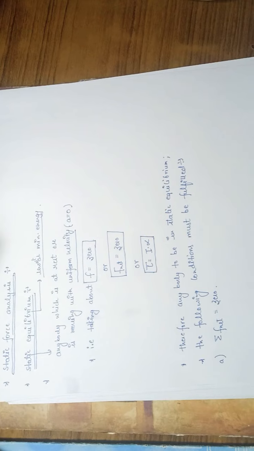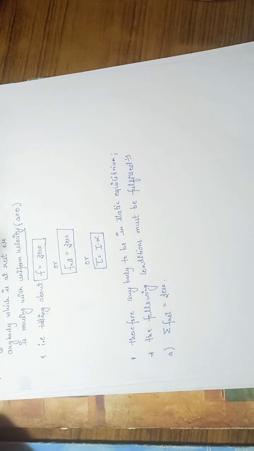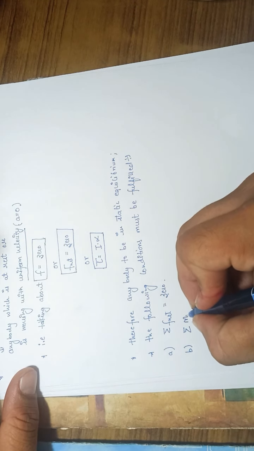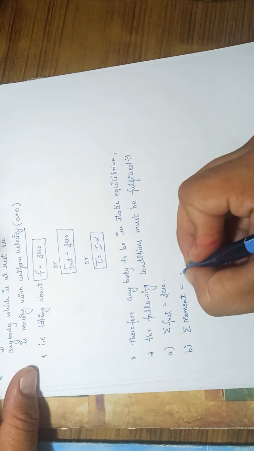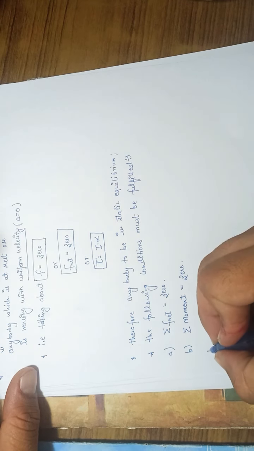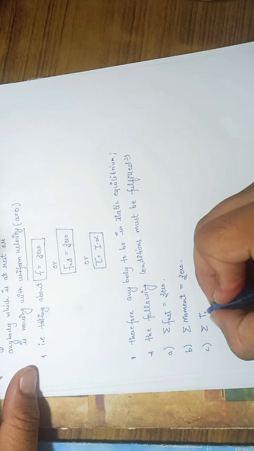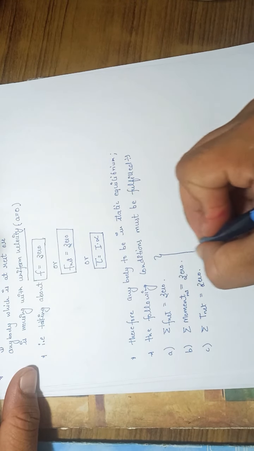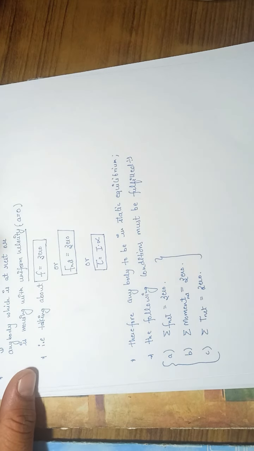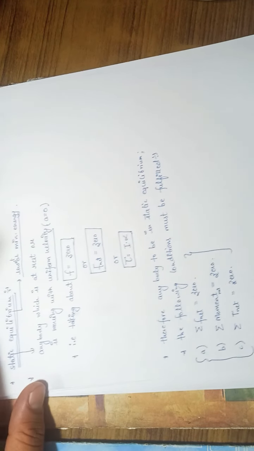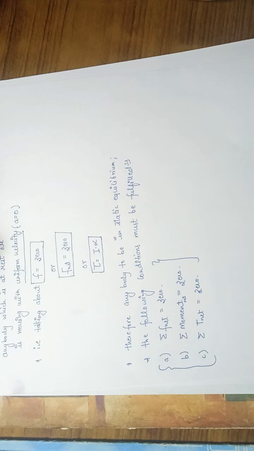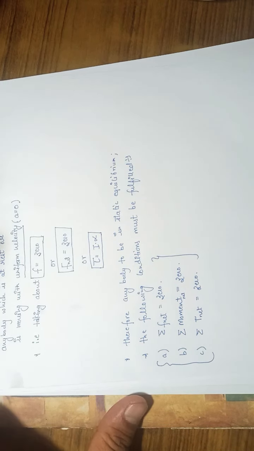The net force acting on the body should be zero. Second, the moment should be zero, and the third, summation of torque, again net, should be zero, isn't it? These three conditions have to be followed anyhow to keep any body under static equilibrium. If I have to keep any body under static equilibrium, then these three conditions must be fulfilled. Is it clear? Okay.